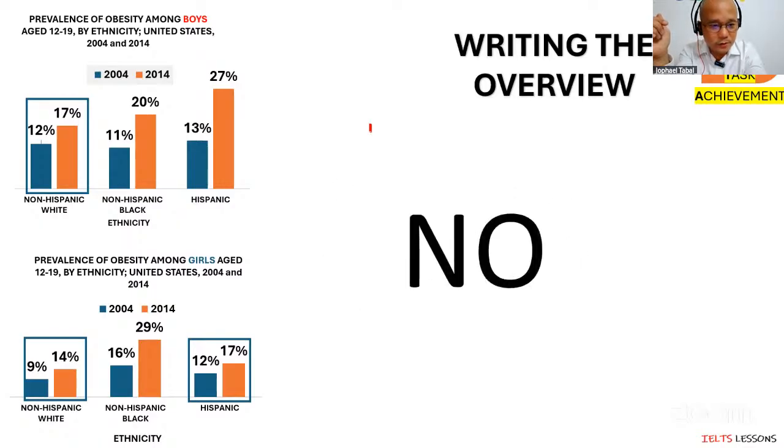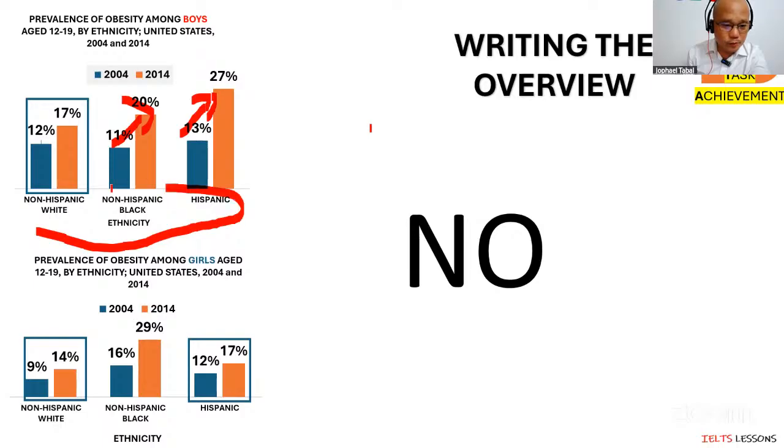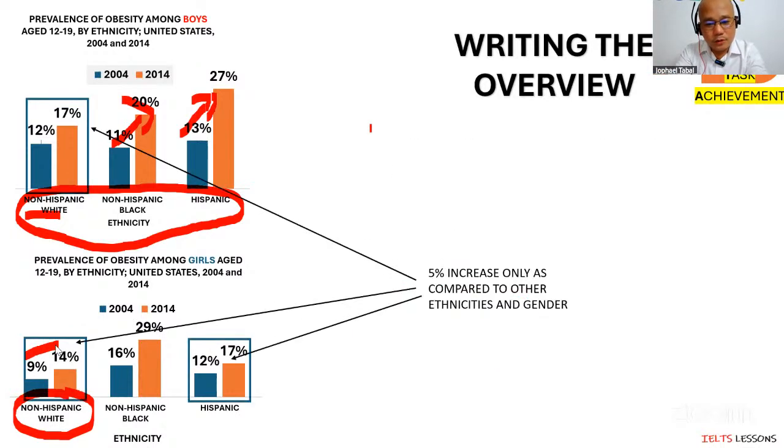So the answer there is no. As you can see here, although there is a growth of obesity in both genders, boys and girls, in different ethnic groups, the least affected ones are those in non-Hispanic white, which shows only about a 5% increase as compared to other ethnicities and gender.